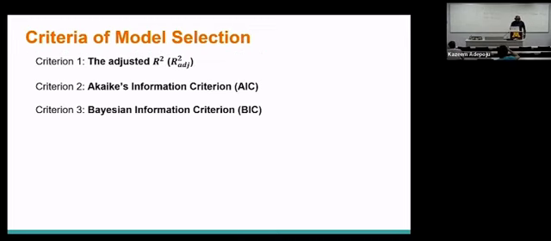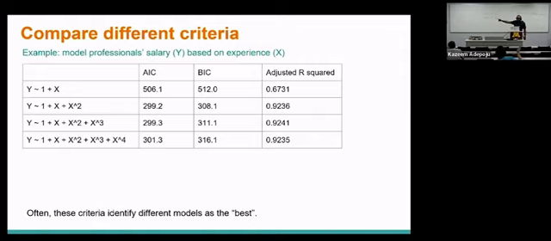That was what I was trying to say. Often, these criteria identify different modules as the best. Go ahead. It's not possible for them all to differ, because the AIC and the BIC will always move together.